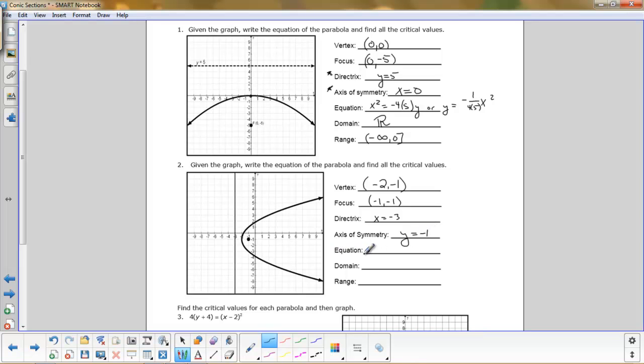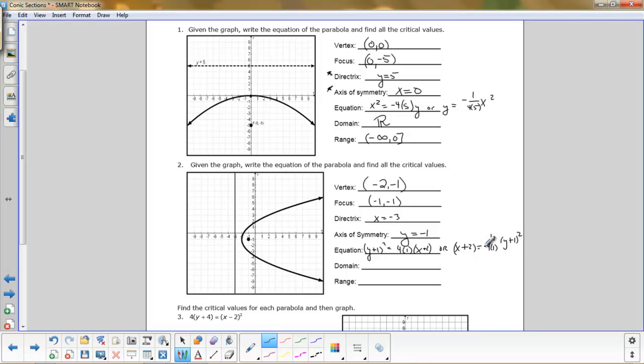The equation of this parabola is y plus 1 squared equals 4 times 1 times x plus 2. Or it can be written as x plus 2 equals 1 over 4 times 1 times y plus 1 squared.